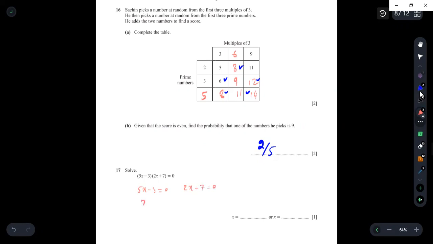So from here we get x equals 3 over 5, and from here we get x equals minus 7/2. So 3/5 or 0.6, and minus 7/2 or negative 3.5. Both answers can be written in decimal or in a fraction.